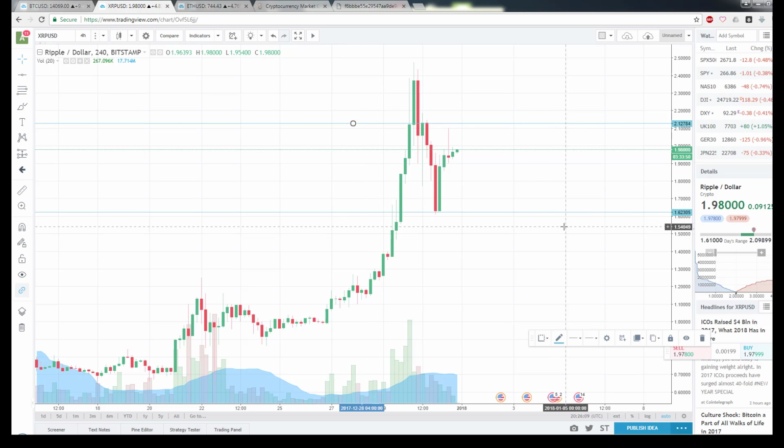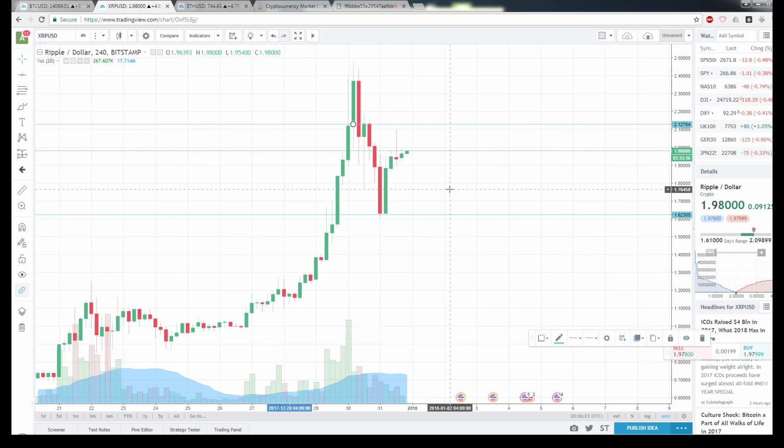The next roadblock for Ripple, if you're bullish, would be about $2.12. Alright, you got to be aware of that price point. If you're bearish, you pretty much have all of this to eat up. Bearish looks like a much better opportunity right now than being bullish in the short term.